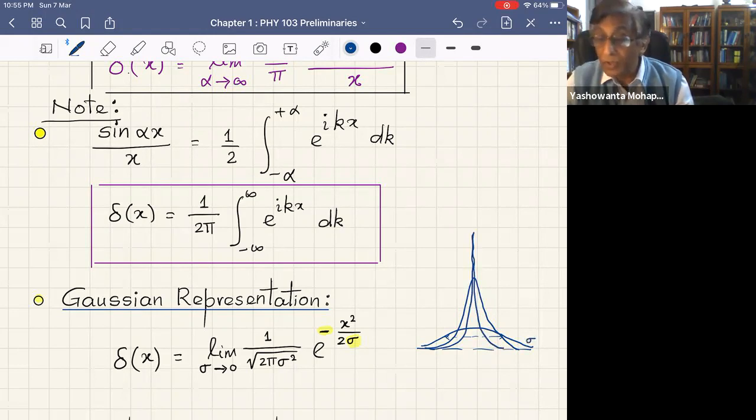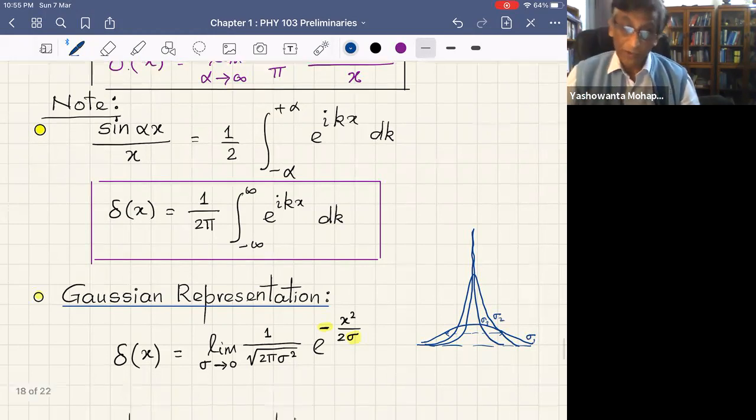Let's say this is sigma 1, sigma 2, sigma 3. I am making sigma less and less, toward 0. The area under the curve will remain 1, with this normalization factor here. So you can think of a narrowing Gaussian as another representation of the delta function.